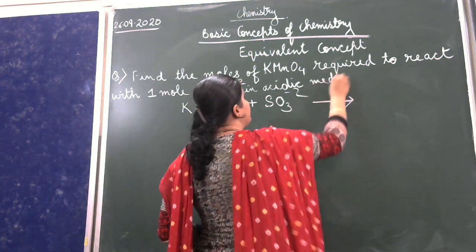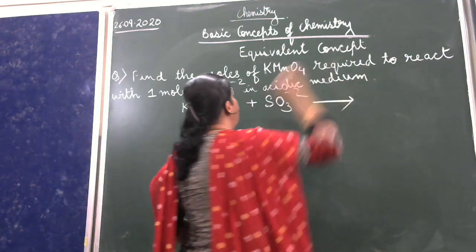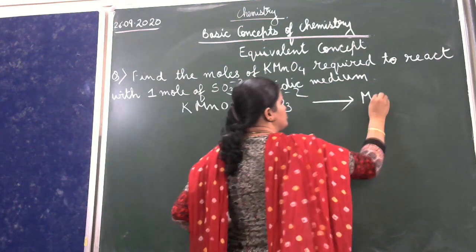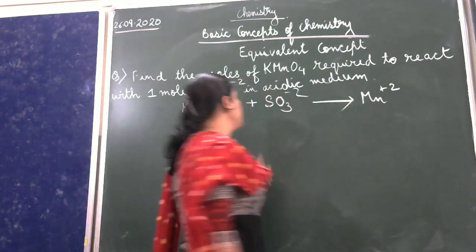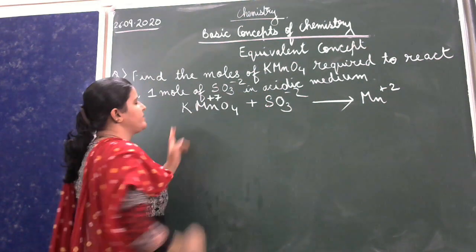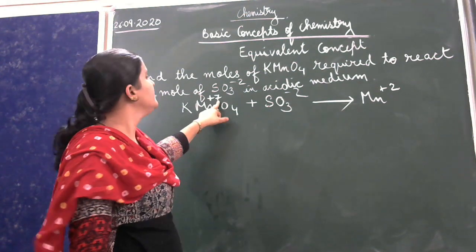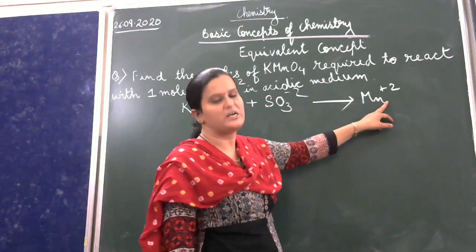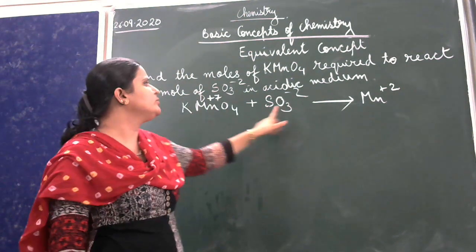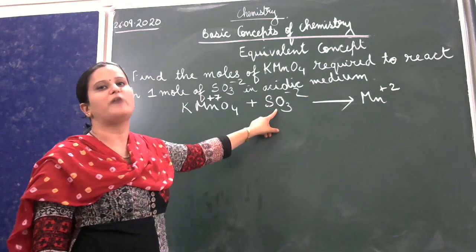So in acidic medium, KMnO4 changes to Mn+2, and this is an oxidizing agent because it is reducing from +7 oxidation state to +2. So what does it mean? It itself is getting reduced, so it will oxidize this sulfite ion.